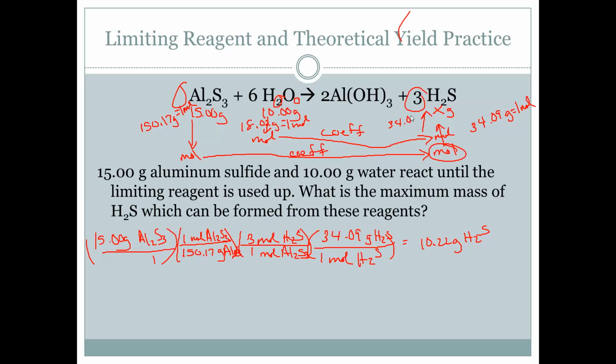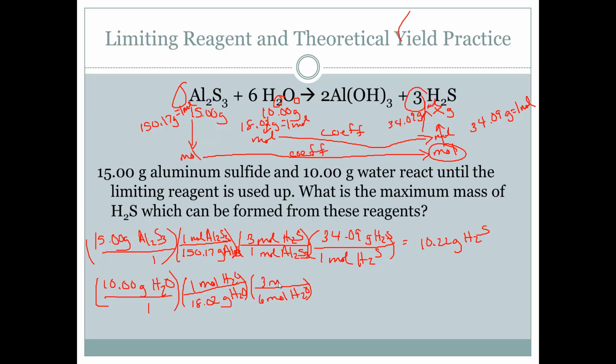Alright, so 10.00 grams of H2O. Got to get from grams to moles first. 18.02 grams of H2O are in 1 mole of H2O. For every 6 moles, because that's the coefficient of H2O that reacts, we produce 3 moles of H2S.